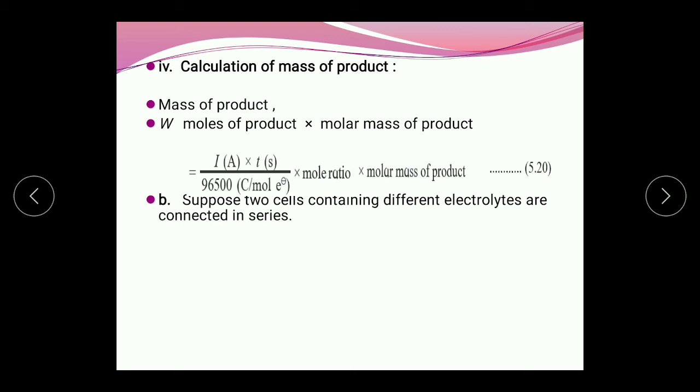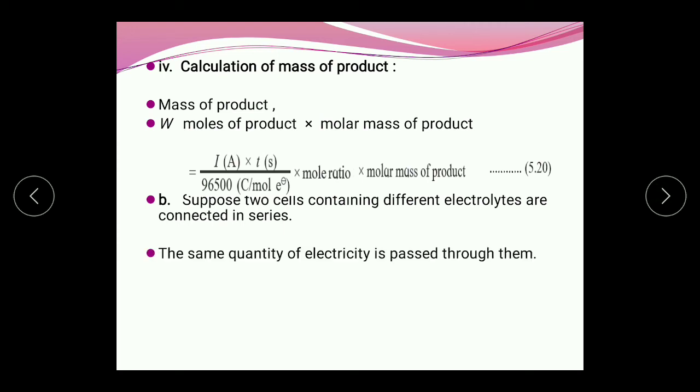The arrangement is the same. Two electrodes, anode and cathode, are dipped in each container, and both containers are connected to the same battery, a single battery. Why?